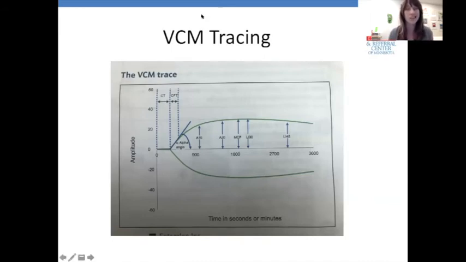But essentially, this is like that R value. So CT is clotting time. CFT is clot formation time, kind of like that K value that we learned about before. You have the alpha angle, and that's the same. And then this value here is the maximum clot formation, so it tells you the strength of the clot.